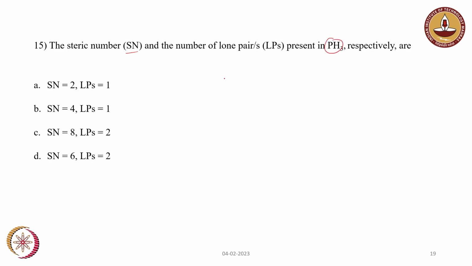So let's consider phosphorus as the central atom, and it's in the nitrogen group, so it will have 5 valence electrons. It's bonded to 3 hydrogen atoms, so 1, 2, and 3.